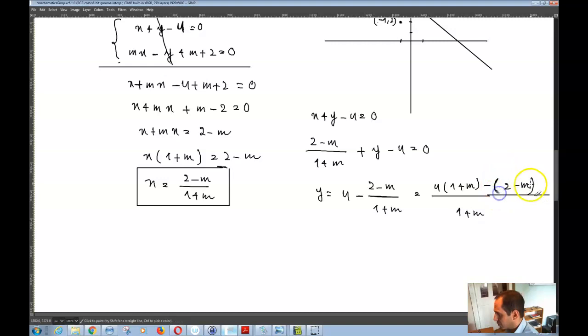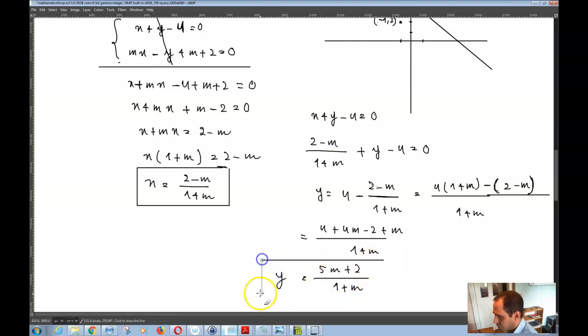This pair of parentheses is important. If you forget it, you will not get the right answer, because this negative sign has to be multiplied by both of these terms. You need to be careful about that. So you have 4 plus 4m minus 2 plus m over 1 plus m, which is 4m plus m is 5m, 4 minus 2 is 2, so 5m plus 2 over 1 plus m. That is your y.